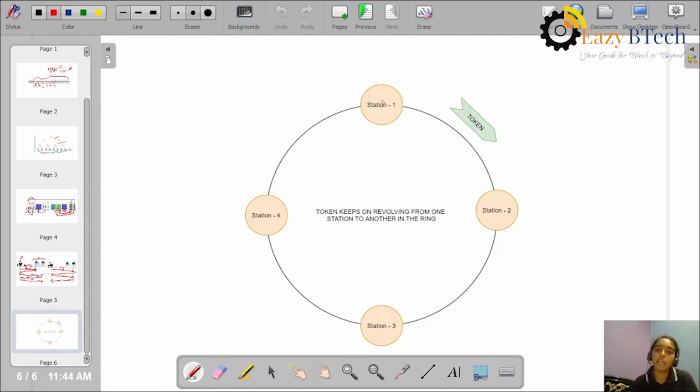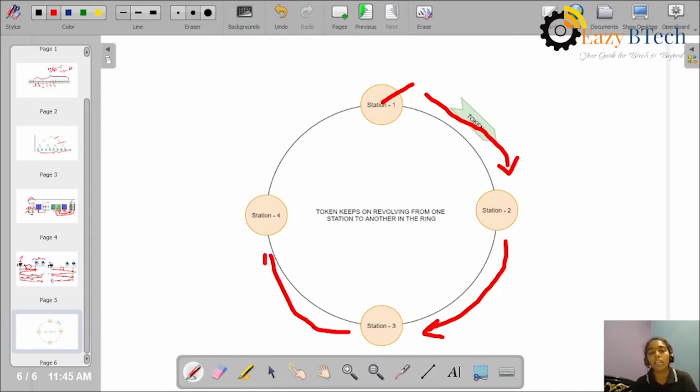If a station wants to communicate data, it is unidirectional communication. This is a ring topology, right? So in this ring topology, there is no chance for bidirectional communication. We have only unidirectional communication. If a station wants to communicate with station 4, only the clockwise direction is possible.